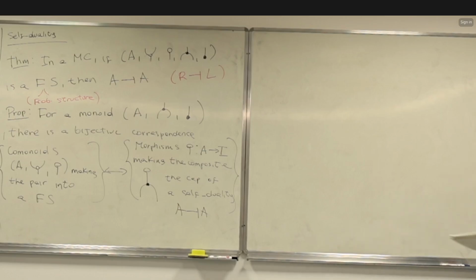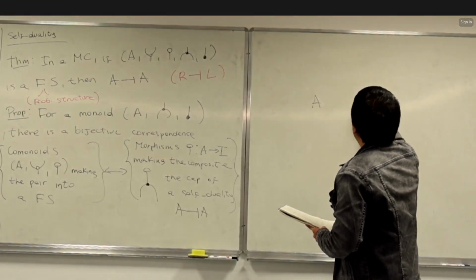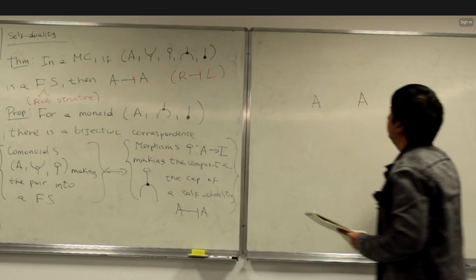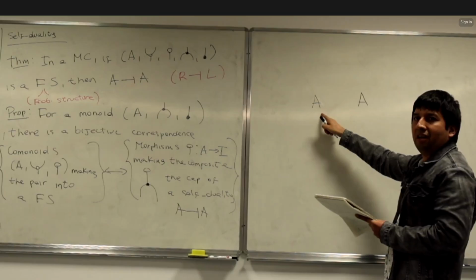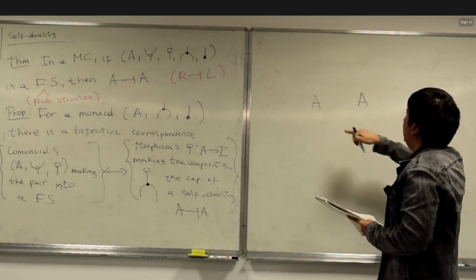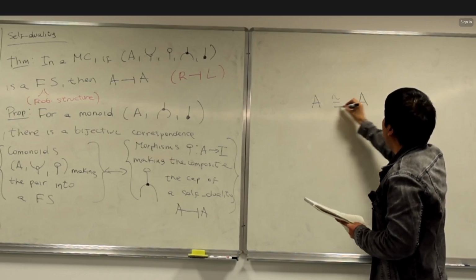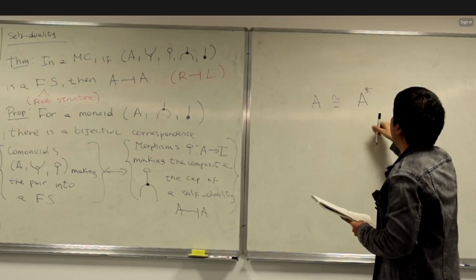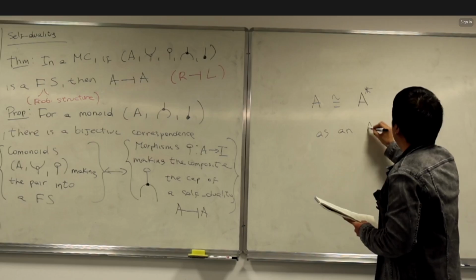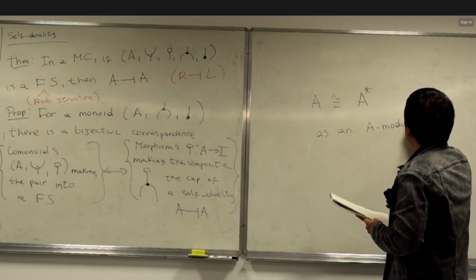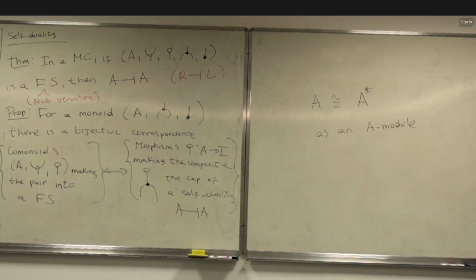What is the definition given by Frobenius originally? Let's suppose A is an R-algebra. A is Frobenius if and only if A is isomorphic to its dual as an A-module, because A is also a ring. So this definition makes sense.